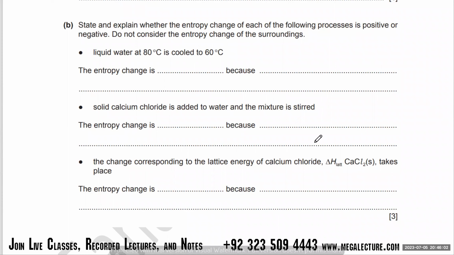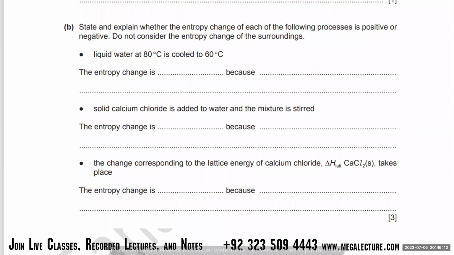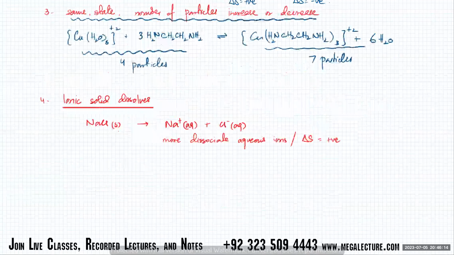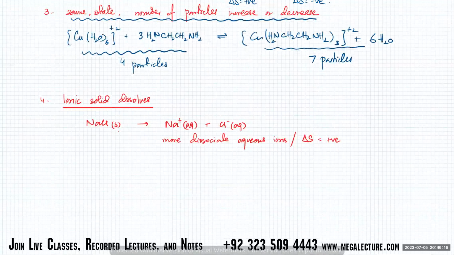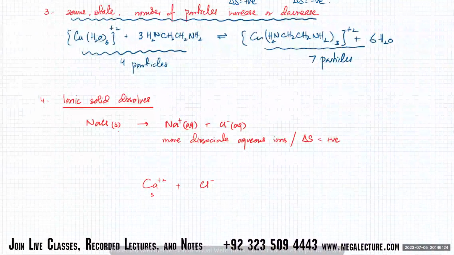Over here he's talking about lattice energy. What was the equation for lattice energy of calcium chloride? The PDF is getting stuck, I'll just write over here. So what is lattice energy? We did this earlier, when we did the Born-Haber cycle.